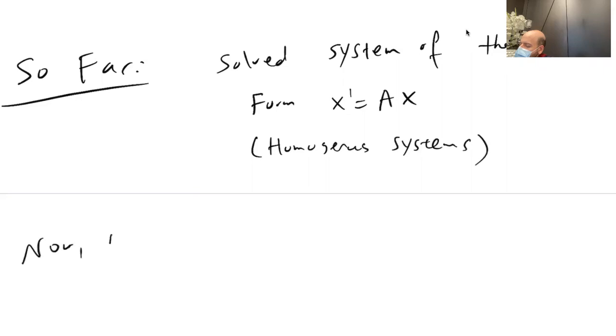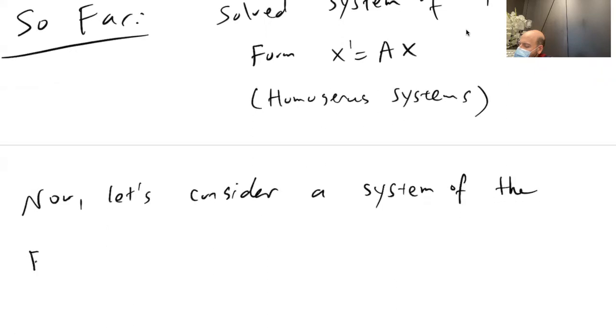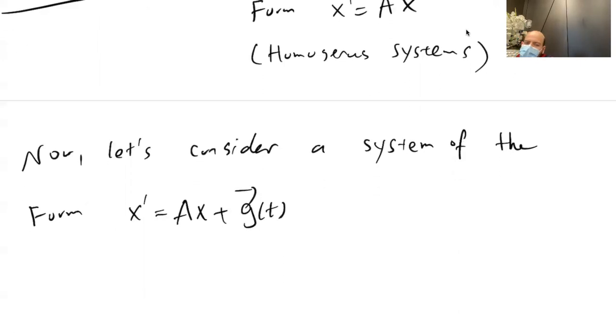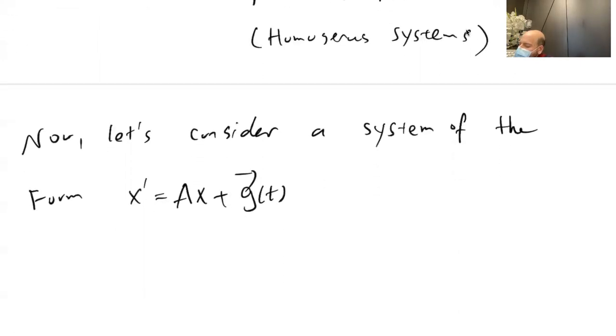Now, let's consider a system of the form, let's say, x prime equals Ax plus g of t, for some non-zero vector g of t, for some g of t not equal to 0.